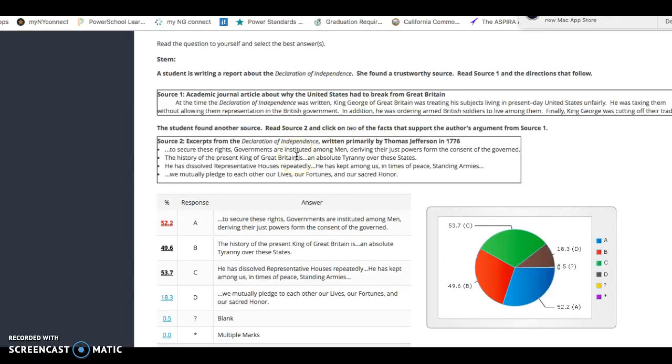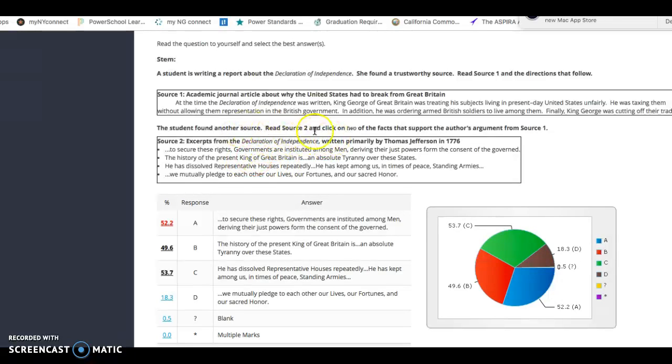In source two, it says excerpts from the Declaration of Independence, suggesting the reason why some colonials would leave Great Britain and make their way to what is now known as the United States, the New World, back in the day. So here are excerpts of the Declaration of Independence.